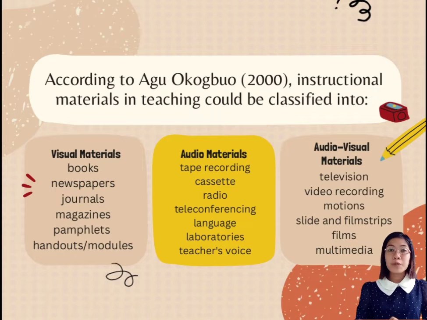So when we say visual materials, it includes materials that appeal to the sense of seeing. Audio materials also appeal to the sense of hearing, and audiovisual materials are materials that appeal to both senses of hearing and sight. So we will focus on the visual materials since my assigned topic are workbooks, portfolios, and Realia.